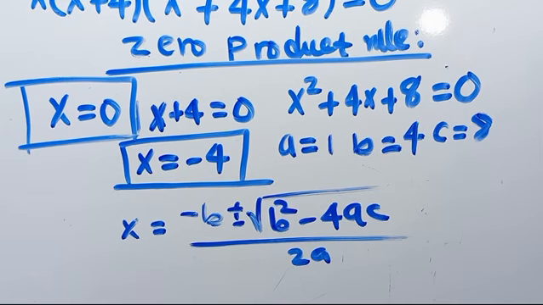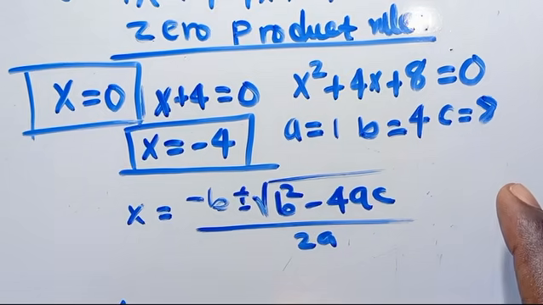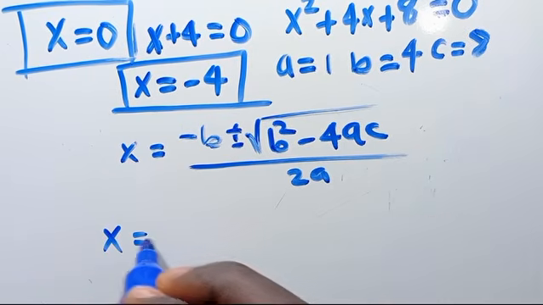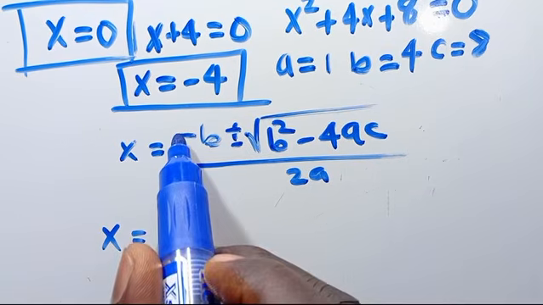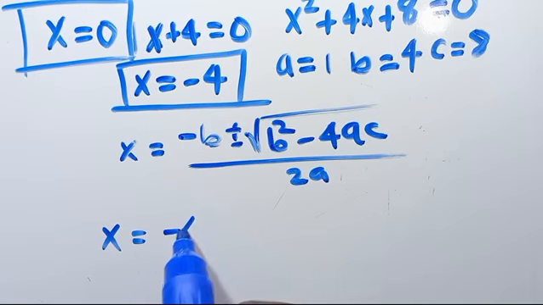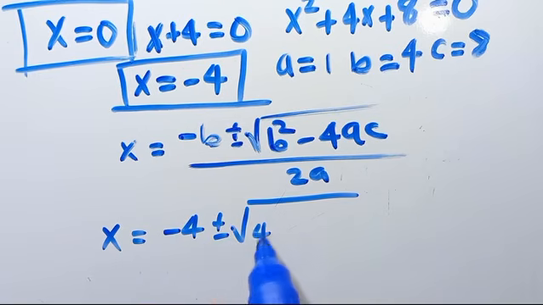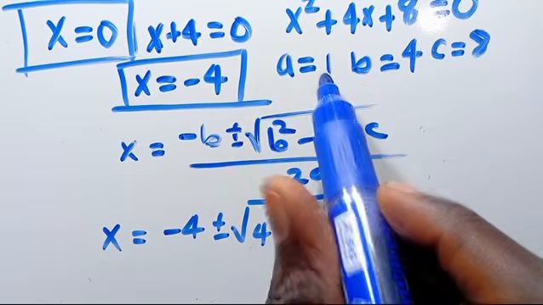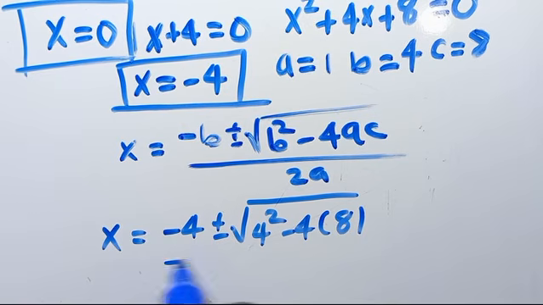So when we plug in everything, we are going to have x equals, already our b is 4, and here is minus outside, so minus 4, positive or negative, square root of 4 squared minus 4 times a, our a is 1, then our c is 8, over 2 times 1, which is 2.